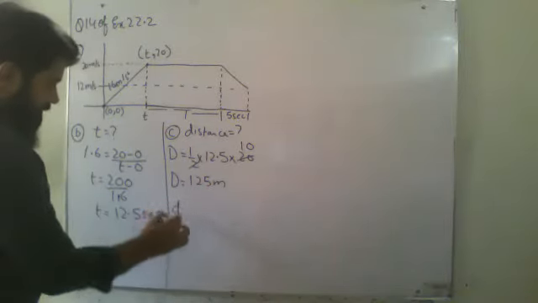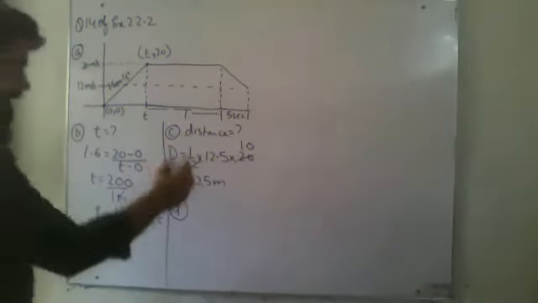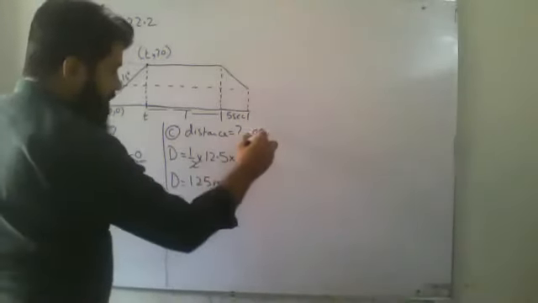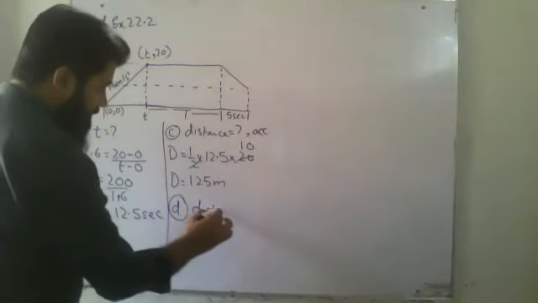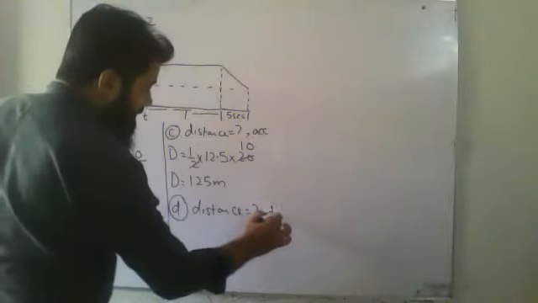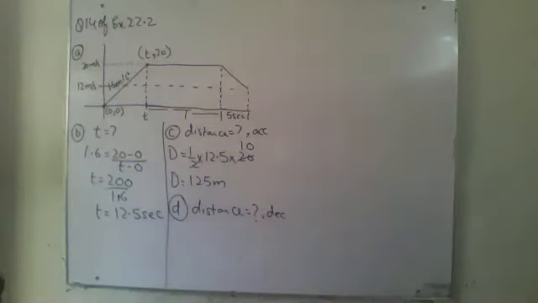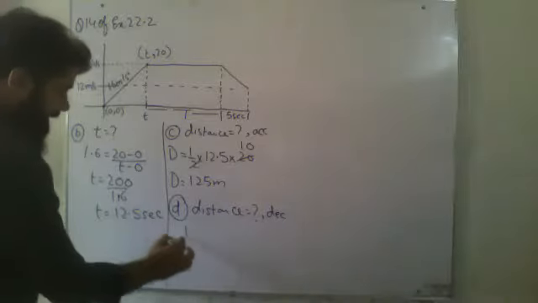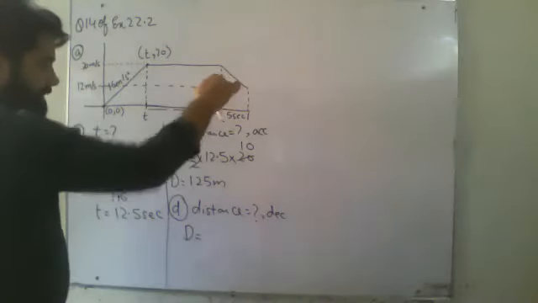Okay. Part D. In part D, again we have to find the distance. Over here it was for acceleration, and now I have to find the distance while the body was decelerating. So how will I find it? Again, distance equals, what is this shape? It's a trapezium.